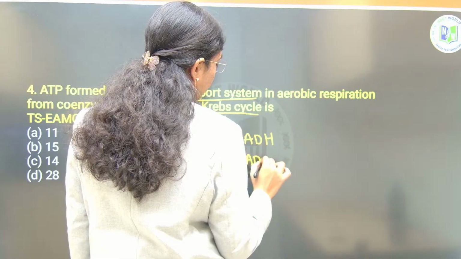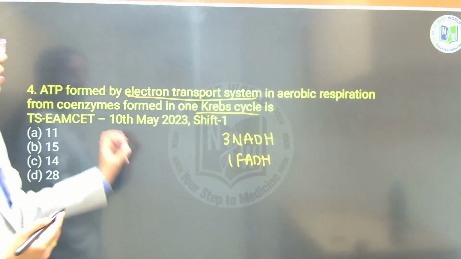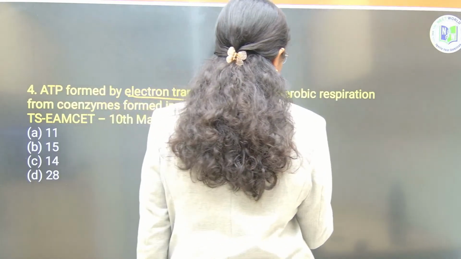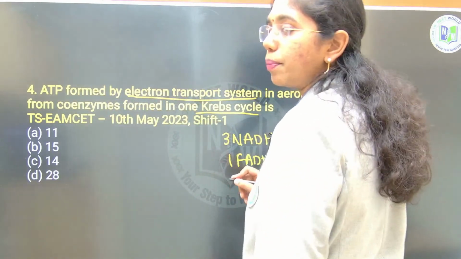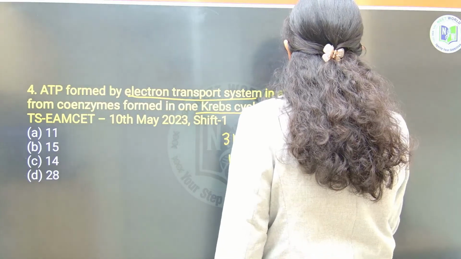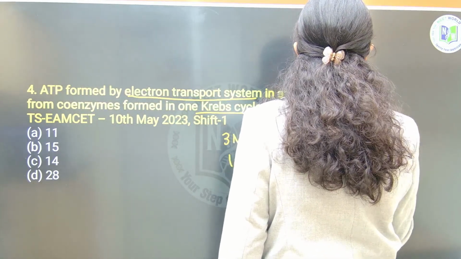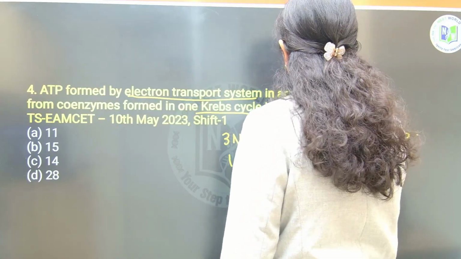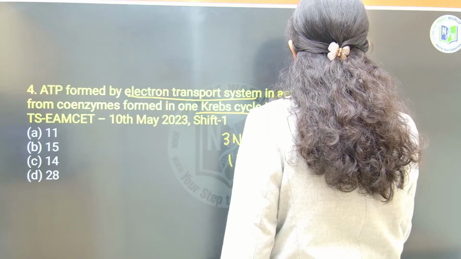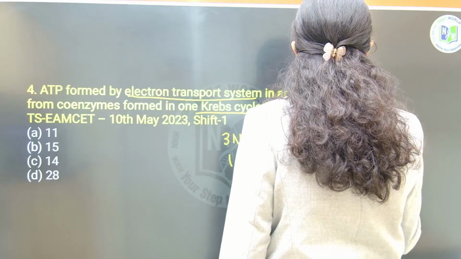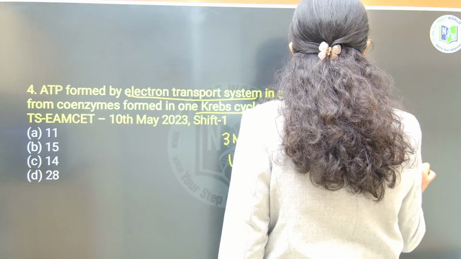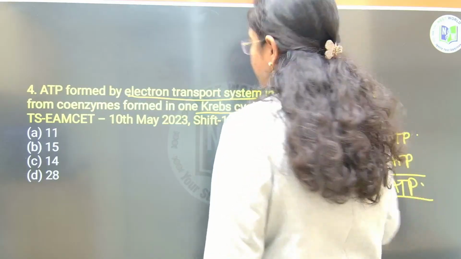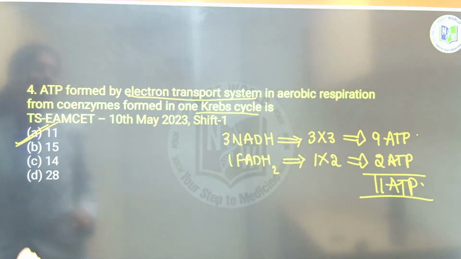Do not count the ATP because it does not require any coenzyme to reduce. 1 NADH is approximately equal to 3 ATP, so 3 into 3 is 9 ATP in total, and 1 FADH2, 1 into 2, that is 2 ATP. So in total it is 11 ATP. Option A will be the right answer here.